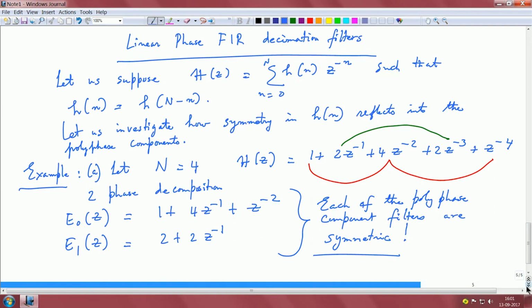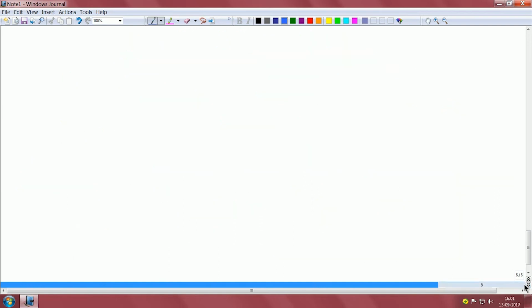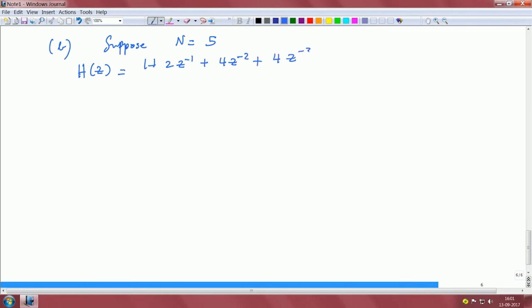Let us look at the other case, which is the odd case. Suppose N equals say 5. Let us consider H of z to be 1 plus 2z power minus 1 plus 4z power minus 2 plus 4z power minus 3 plus 2z power minus 4 plus z power minus 5. I mean, observe the symmetricity, because we have started with the constraint that h of z should have a symmetric impulse response, right.